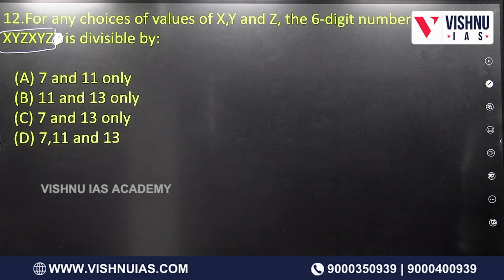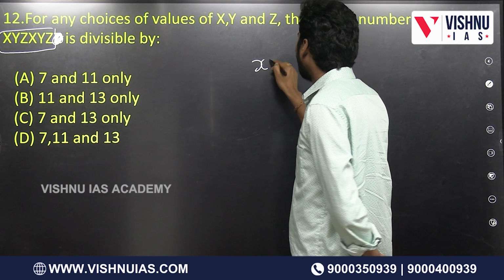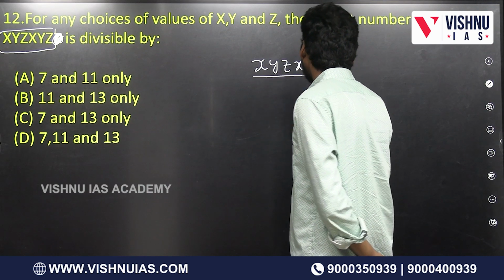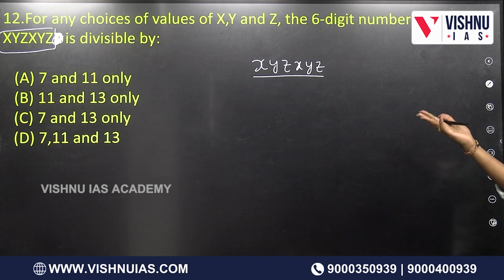For any choice of values of X, Y and Z, the 6-digit number of the form XYZXYZ is divisible by which of these numbers? There are certain things which we definitely need to know. We have learned so many concepts in these classes, and you must remember every point we have discussed. A number in the form XYZXYZ should be divisible by which of these numbers?